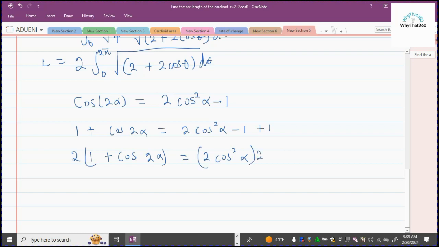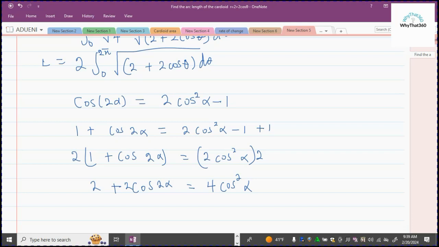So we will get 2 plus 2 cos 2 alpha to be equal to 4 cos squared alpha. I believe that's right. Okay, so now let's substitute alpha is equal to theta divided by 2.